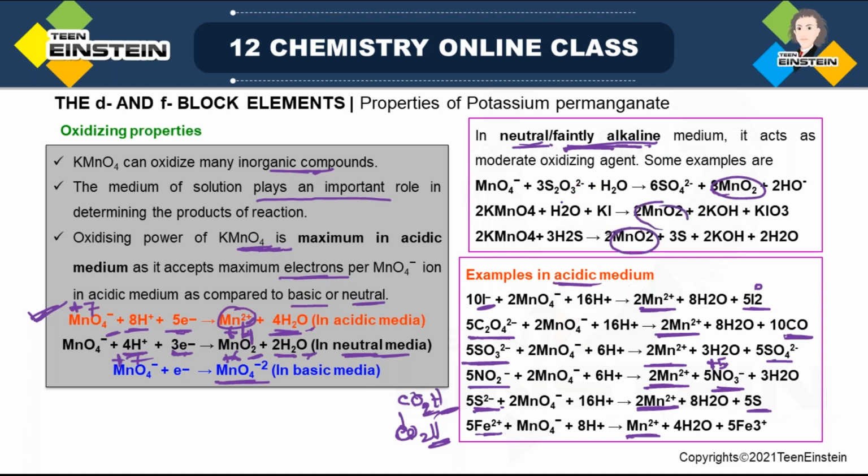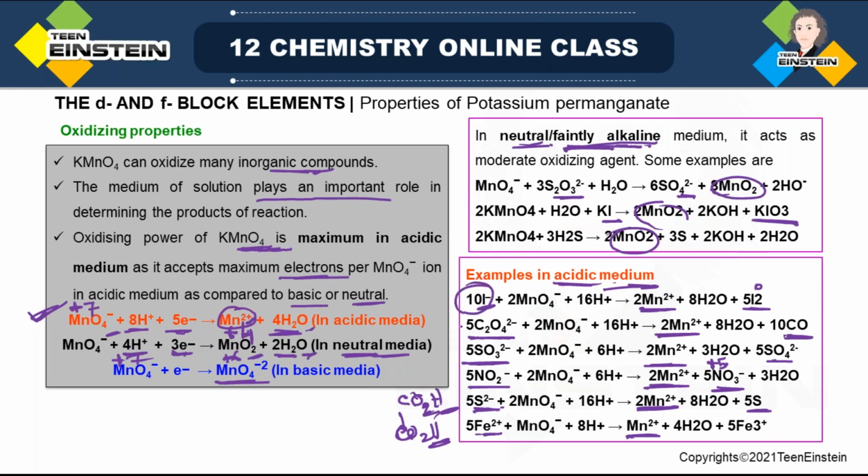And what type of reducing agent are we using? Thiosulfate ion, S2O3 2-, is converted to sulfate. Next equation, again we have used iodide, now converted to KIO3. One interesting thing you can see here: look at the first equation, the examples of acidic medium.